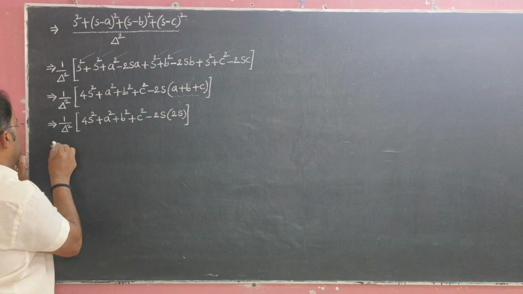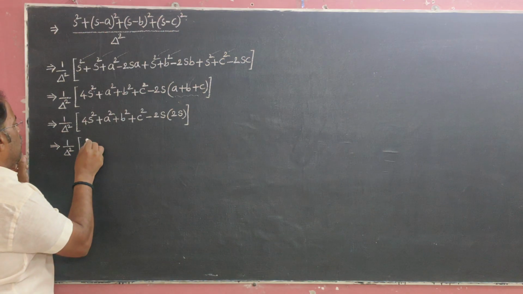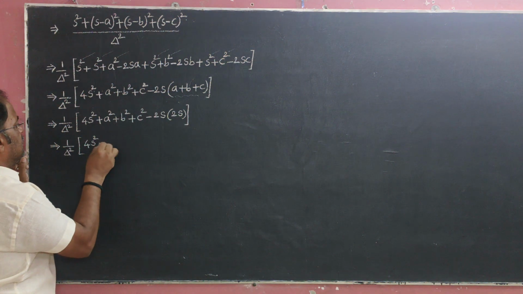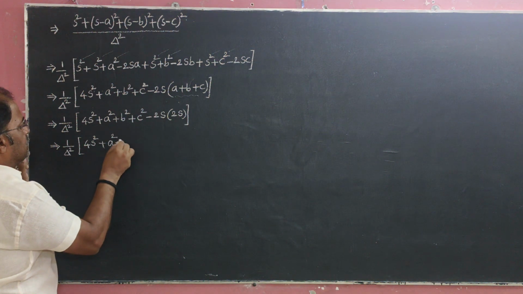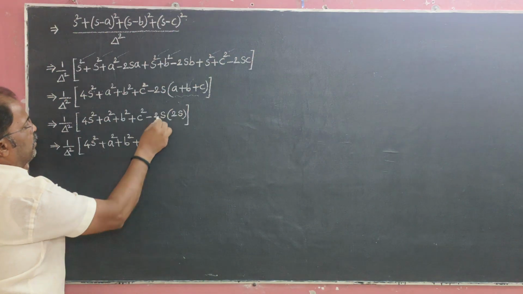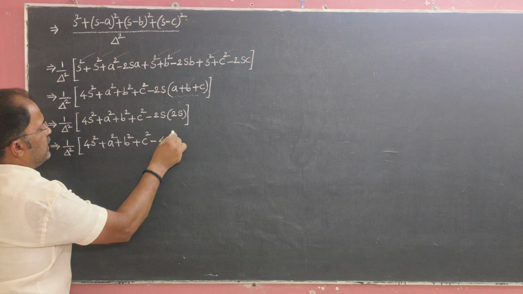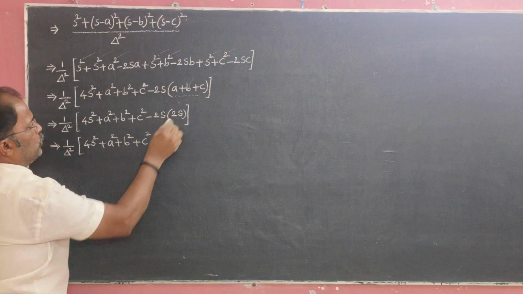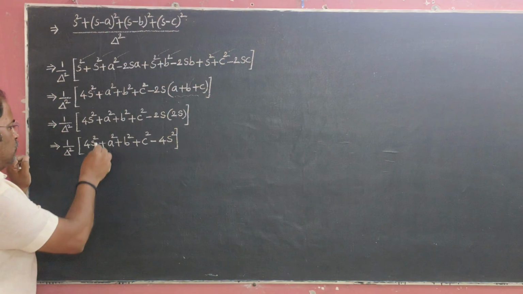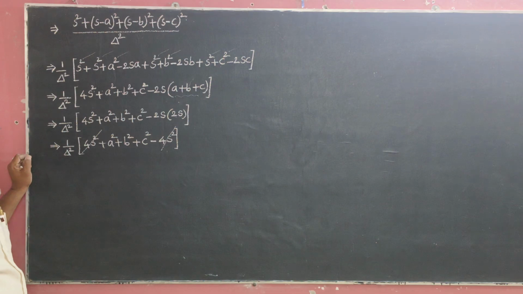Okay, that implies again 1 by Δ² as it is, 4s² as it is, a² + b² + c² also as it is, minus 2 into s into 2s, 4s². So plus 4s² minus 4s² get cancelled.